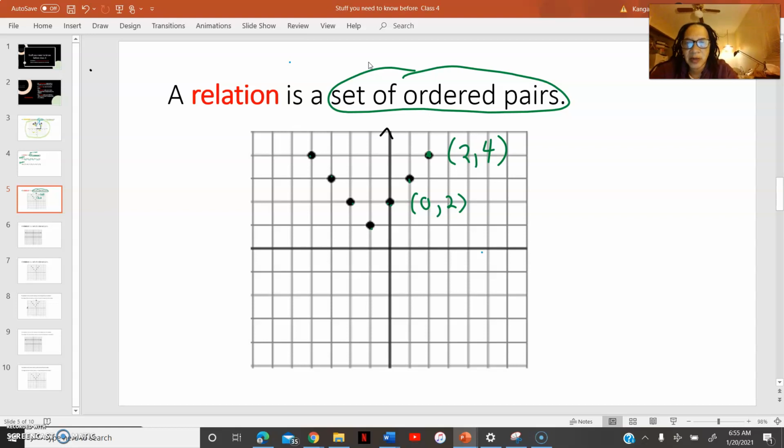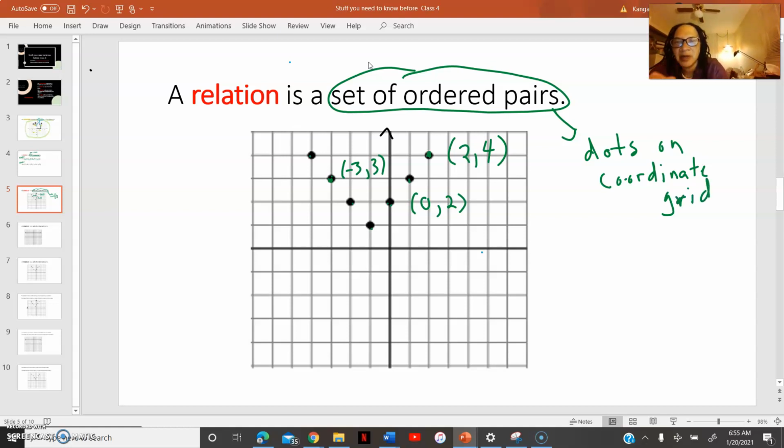Or this is the ordered pair go left -3 and then up 3. So this is definitely a set of ordered pairs because it's a set of dots. So another way to think of a relation is it's a set of dots or locations on a coordinate grid, because dots represent ordered pairs.